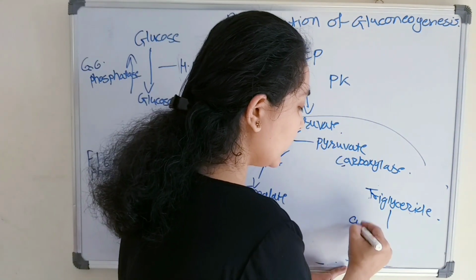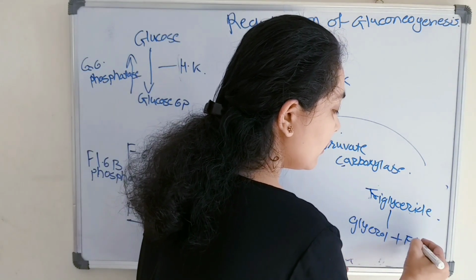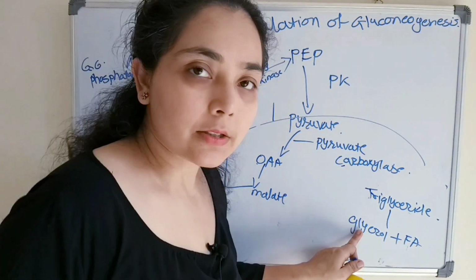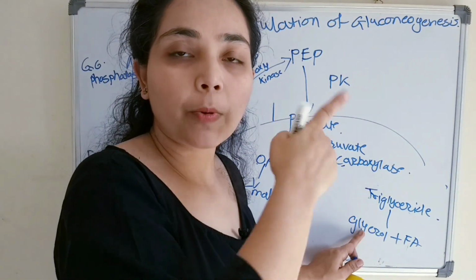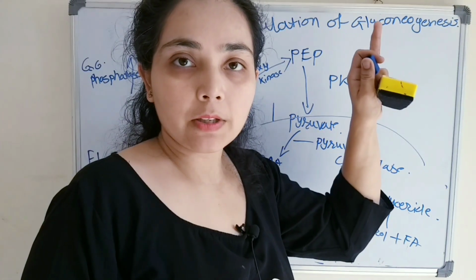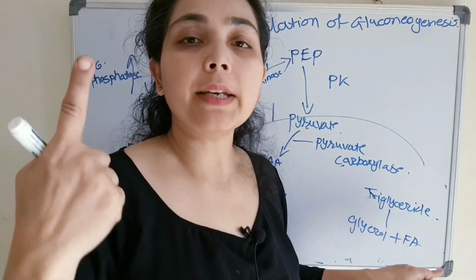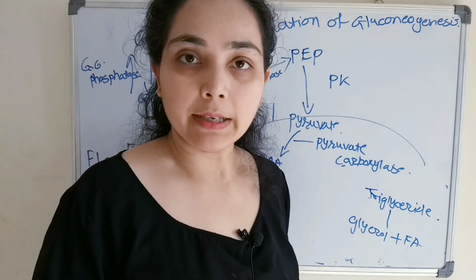After the breakdown, we will get glycerol and fatty acid. This glycerol was the substrate for gluconeogenesis, because glycerol will convert to dihydroxyacetone phosphate and glucose will be synthesized. This fatty acid will undergo fatty acid oxidation, and we will get acetyl-CoA from that.